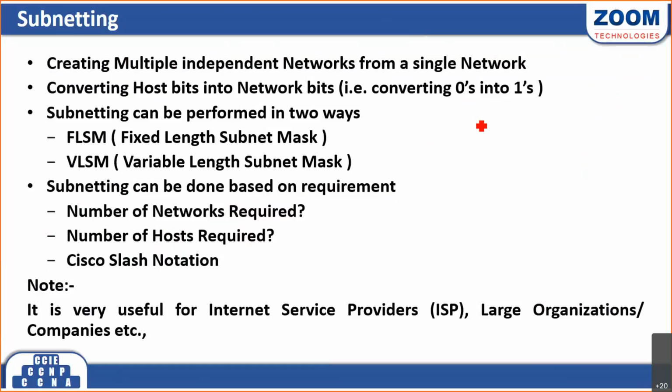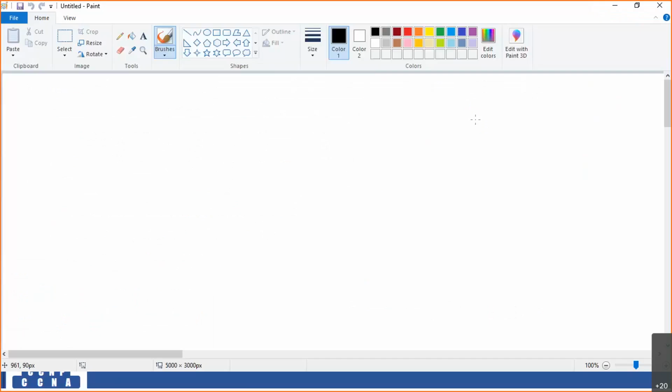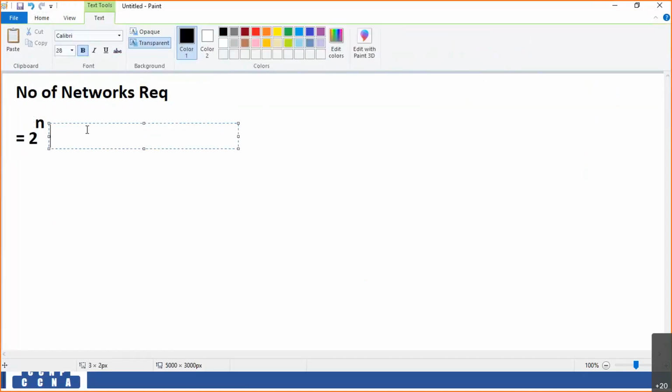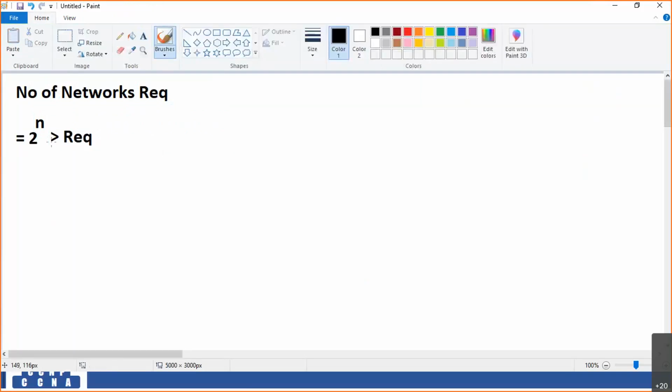The first point is number of networks required. How to do this calculation? 2 power n greater than or equal to the requirement, here the number of networks required. This is the formula.